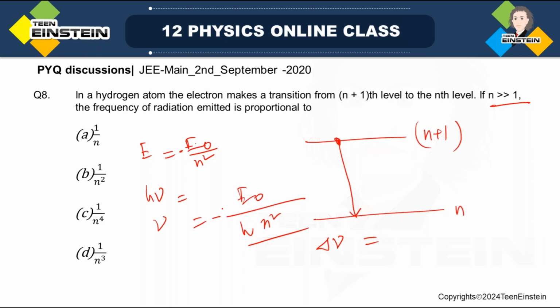Look here then. So 2 into E0, E0 was there already, so E0 is multiplied here.